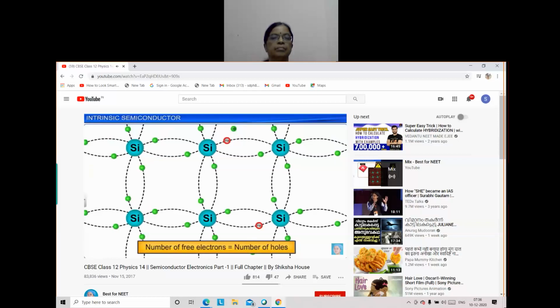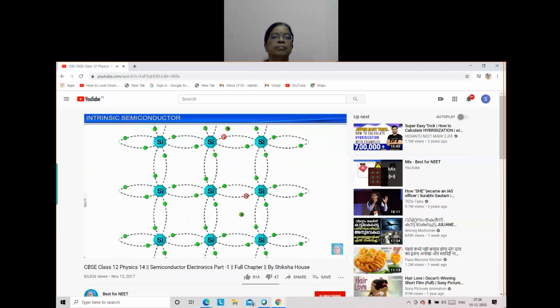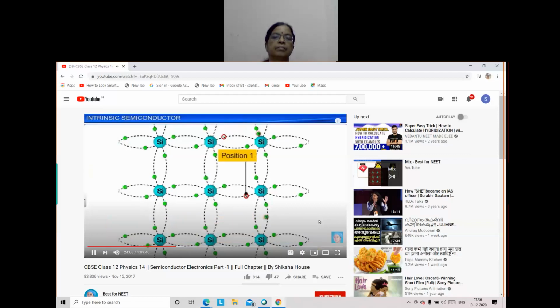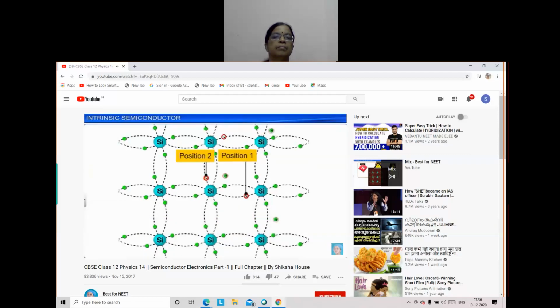Consider a hole or a vacancy at position 1 in the crystal lattice of a semiconductor. Now, an electron from position 2 can jump to occupy the vacancy at position 1. This fills the vacancy at position 1 but creates a vacancy or a hole at position 2. Similarly, an electron from position 3 can jump to occupy the vacancy at position 2.